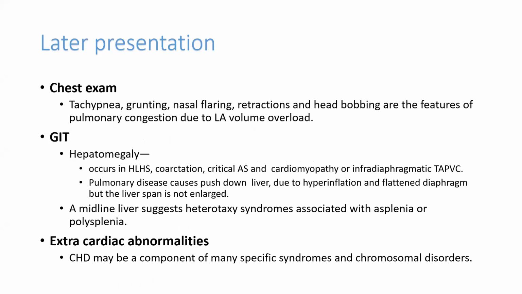Try and get a liver span rather than measuring the distance below the costal margin, as pulmonary conditions like meconium aspiration, especially in the neonate, will flatten the diaphragm and give you an erroneous hepatomegaly, where you might think that the liver span is increased, but rather it's because of the hyperinflation of the lungs, with the liver being pushed down by a flattened diaphragm.